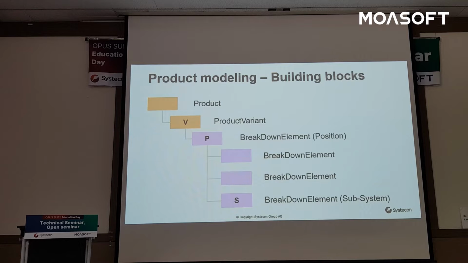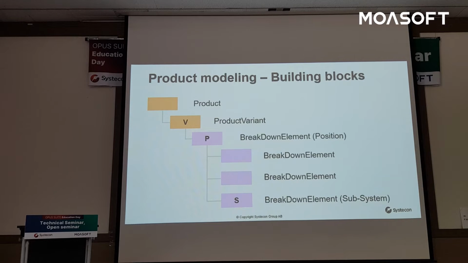It's a hierarchical structure that shows the different positions within the product. Breakdown elements might be of different types. Either they are of the type position, meaning that it's a place used as a placeholder for other parts of the model. I'll show you later to be more clear.